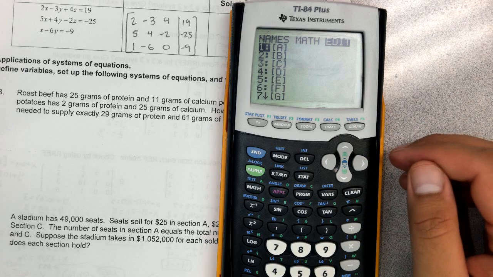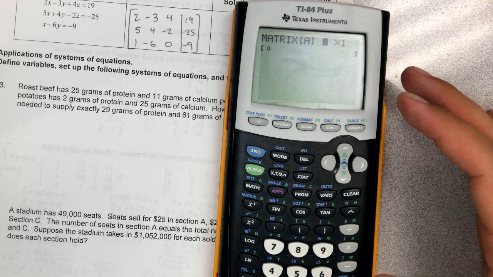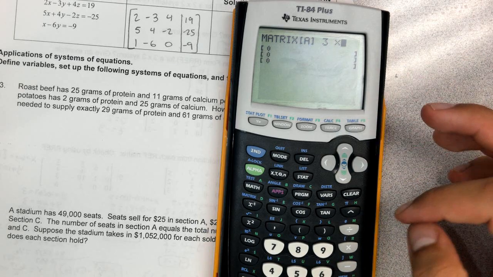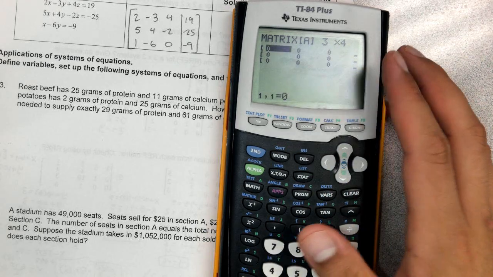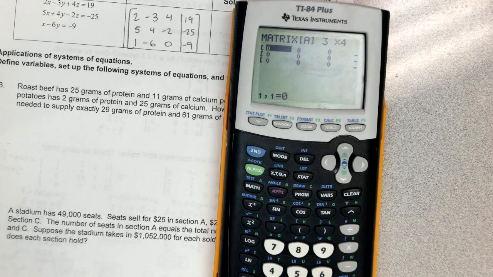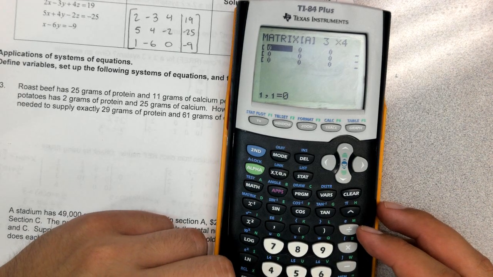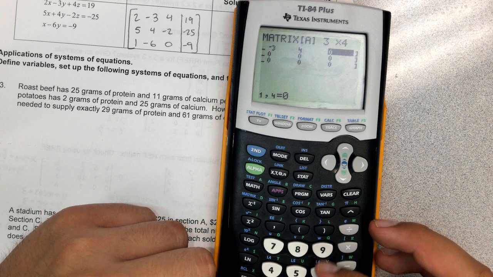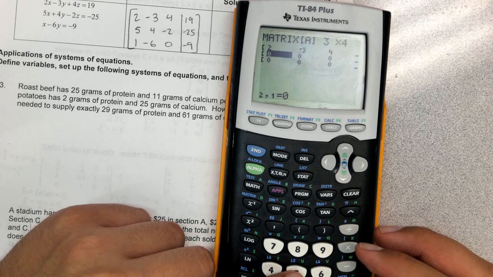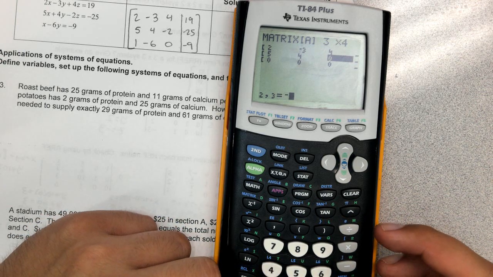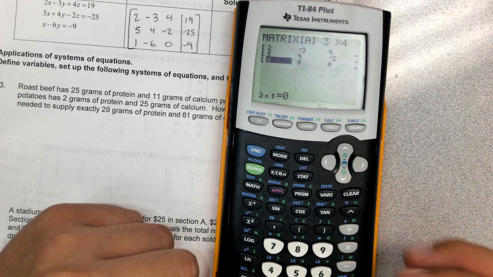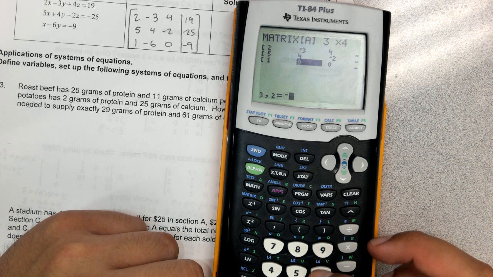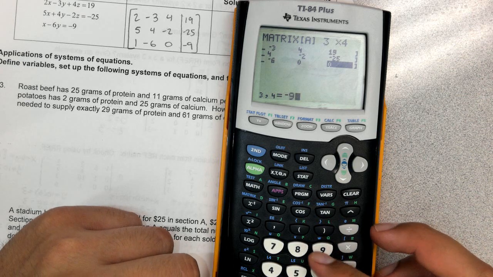We're going to go to edit. We're going to edit matrix A first. So we want 3 rows and 4 columns, so we're going to make it 3 by 4. The first row has 2, negative 3, 4, 19; 5, 4, negative 2, negative 25. Third row, 1, negative 6, 0, negative 9.